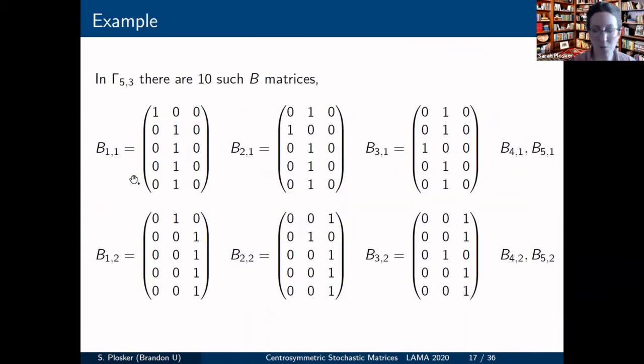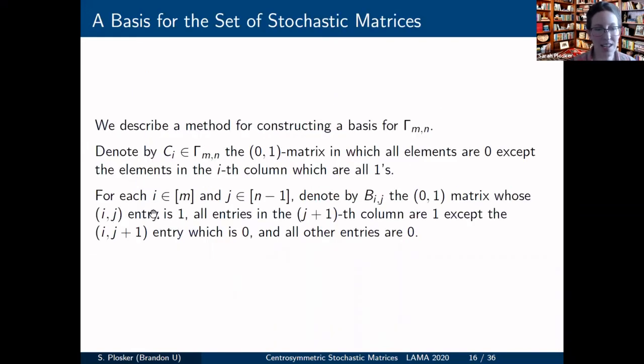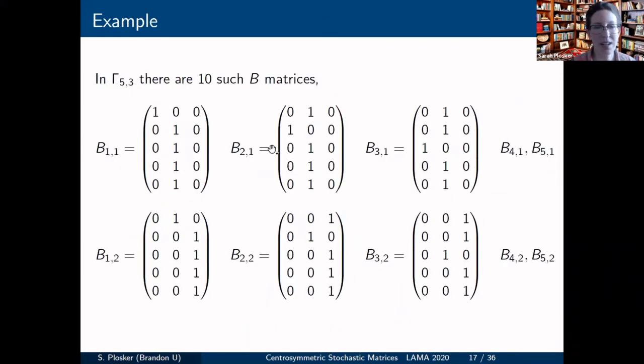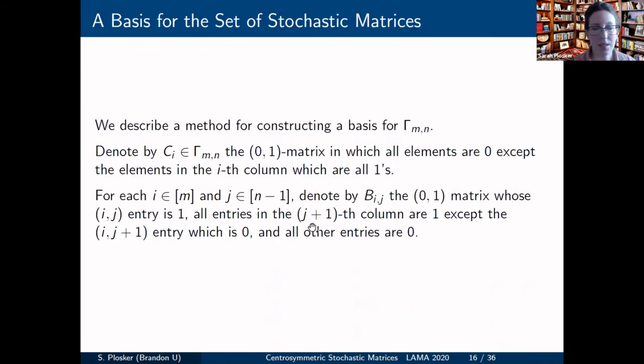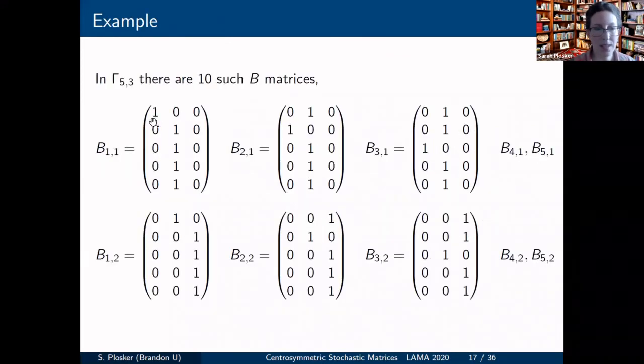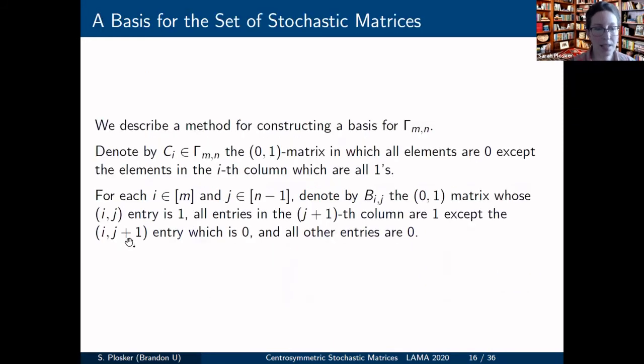Okay, the Bij has 1 in the ijth entry. B11 has 1 there, B21 has 1 in the 2-1 entry, B31 has 1 in the 3-1 entry, and so on. I didn't have space to do B41, B51. B12 has 1 in the 1-2 entry, and so on. And then all entries in the j plus 1th column are 1. So in the second column, they're all 1, except the i, j plus 1 entry.